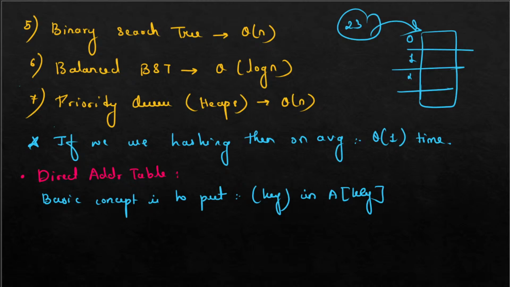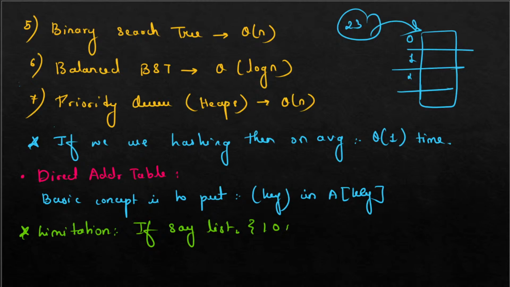All right, now some limitations are there. What are the limitations? Let's see. The limitation is that, say the size of the list is 1 0 0 0 0 0 6, and after that 1 0 0 0 0 0. So these are the keys, and just two keys are there.